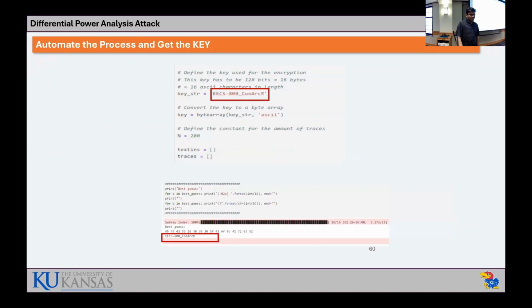So now this is the key applied, and after the analysis, it shows that the retrieved key is exactly the same as the key we gave at the initial stage of the AES algorithm. So we could retrieve, or break, the AES successfully with this method.